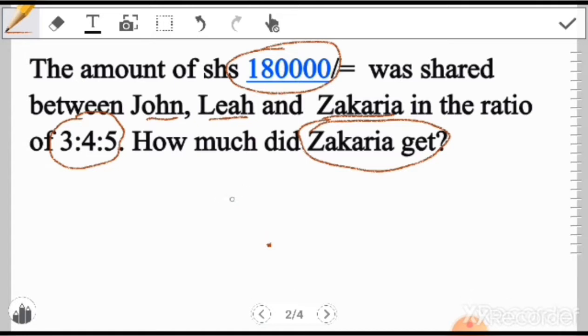So we draw our table. Here we have parts, and here we have quantities.